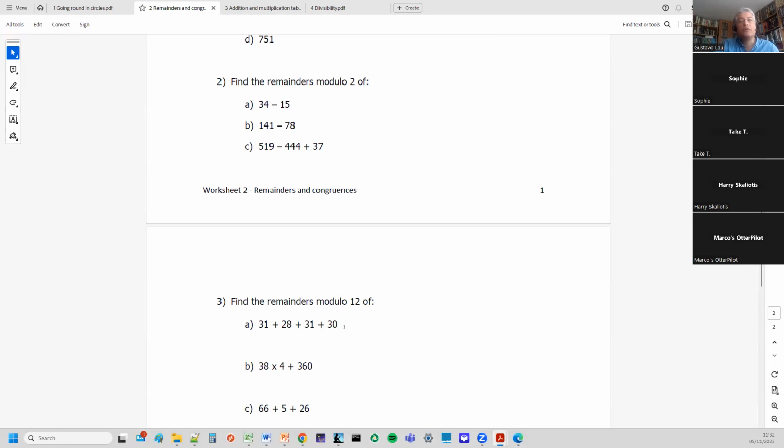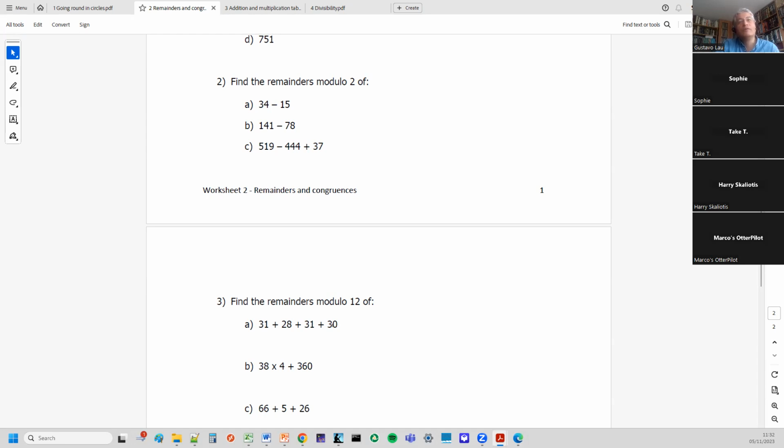Well, I volunteer for the first one. Sure, Take. The first one, it's 7 plus 4, which is 11, plus 7, which is 18, which is 6, plus 30, which is 0. Oh, 30 is not a multiple of 12.